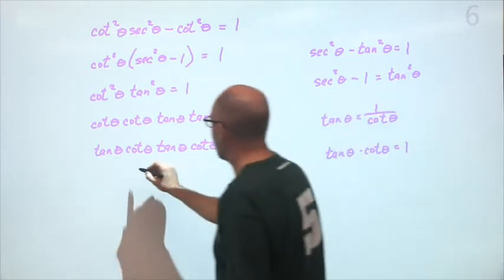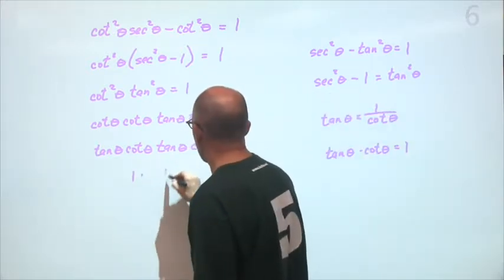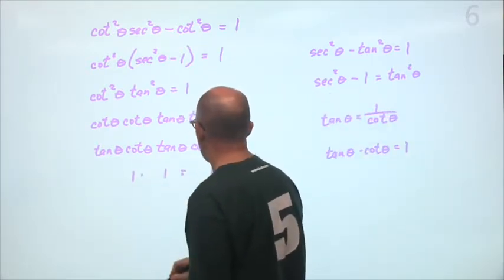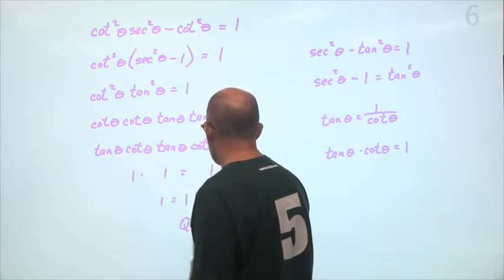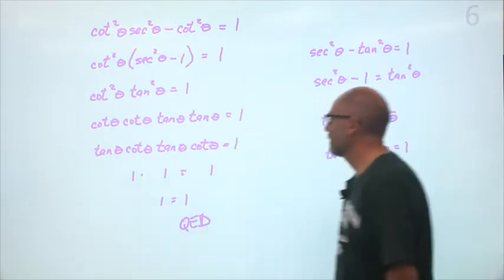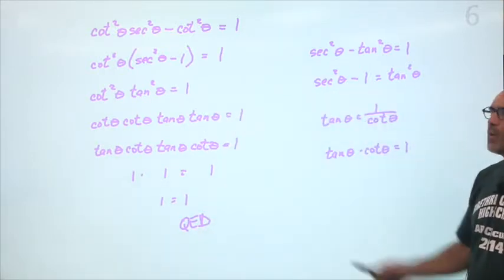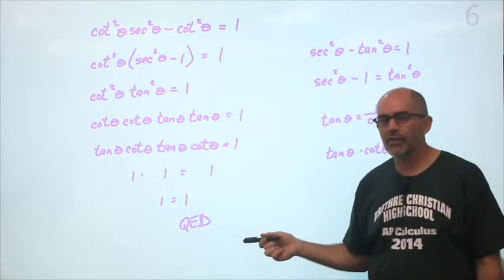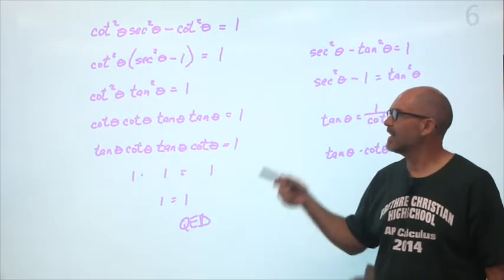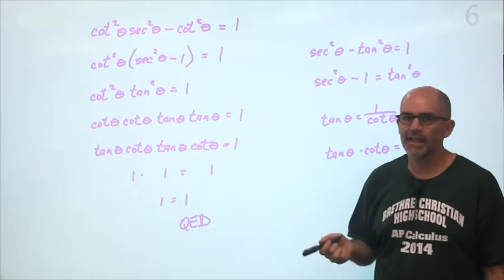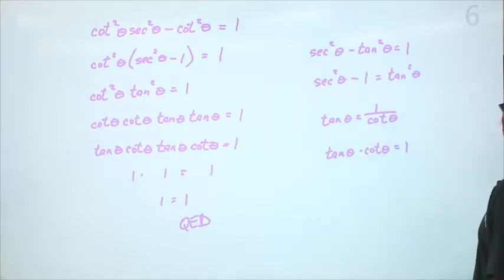So basically I have 1 times 1 equals 1. So 1 equals 1, that's it, QED. So these are fairly simple at this point, and they get a little more complicated, but the key thing you need to know is your Pythagorean identities.